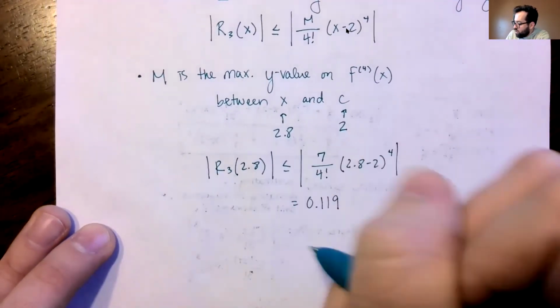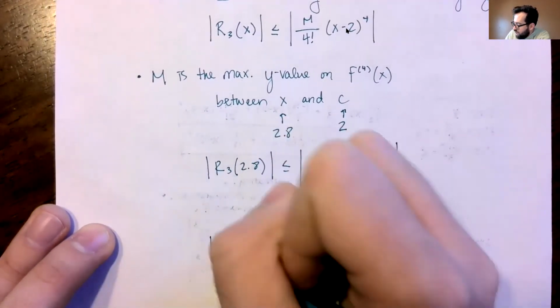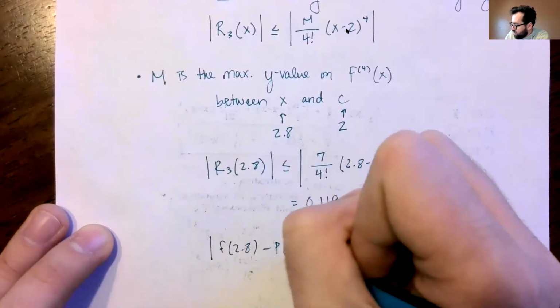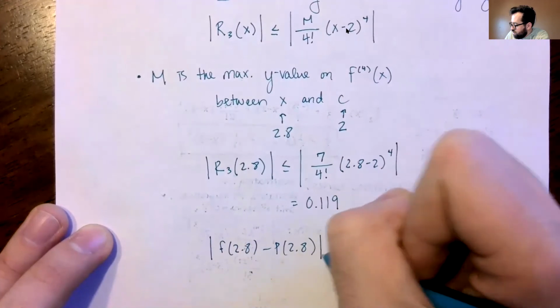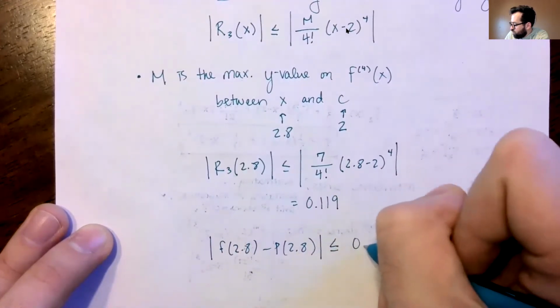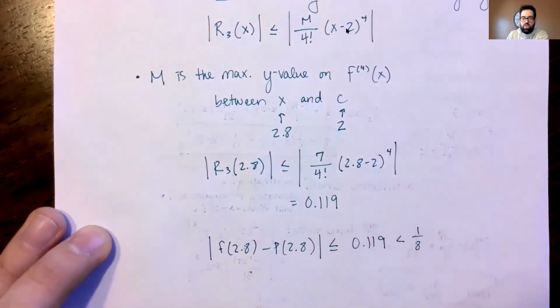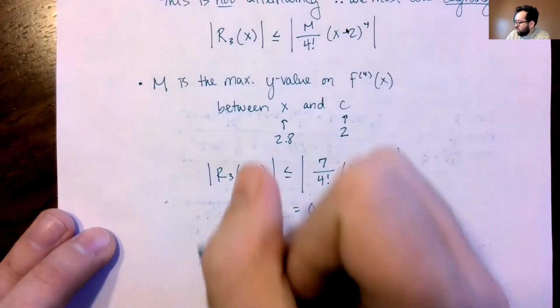And so therefore, the error in our approximation is less than or equal to 0.119, which is indeed less than 1/8, which is what we were asked to show in the question. So it worked.